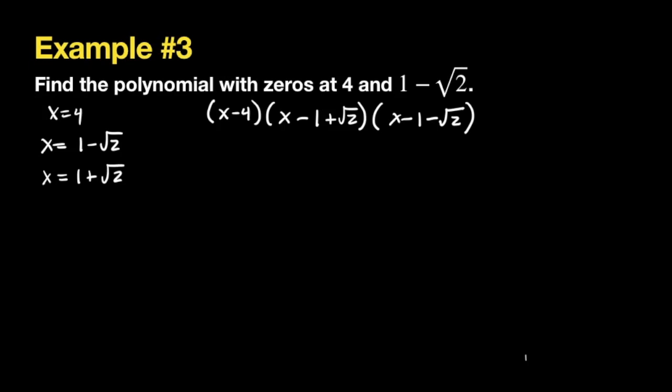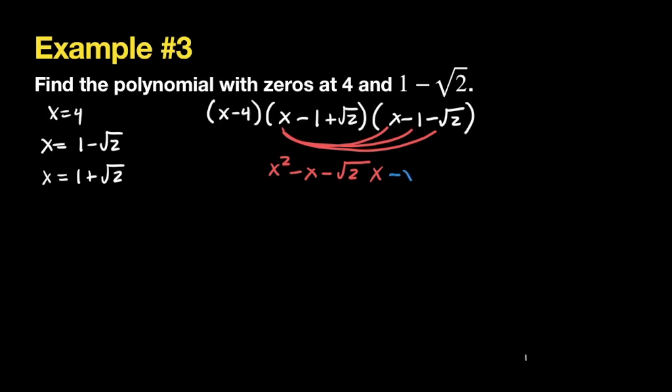So let's start with x multiplying everything out. Okay, so we get x to the second minus x minus square root of 2 x. You can put the x in front. Then we're going to multiply the negative 1.